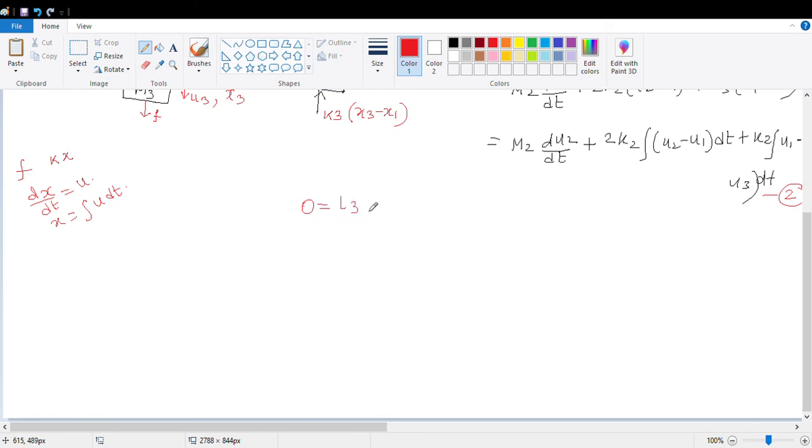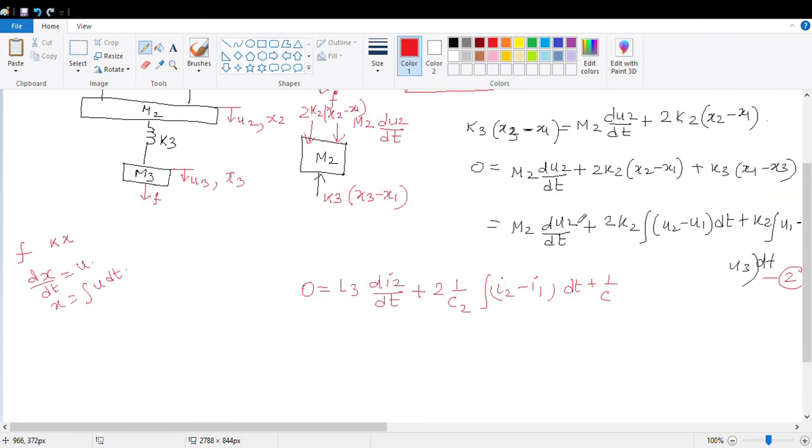M2 means it must be L2 di2/dt plus 2 K2 means 1 by C2 integration of I2 minus I1 dt plus 1 by C3, yes, this will be K3, so this will be C3 integration of I1 minus I3 dt. Okay, so this is the equation.